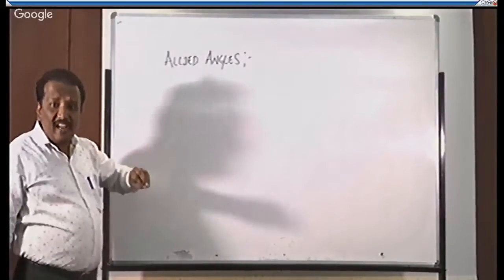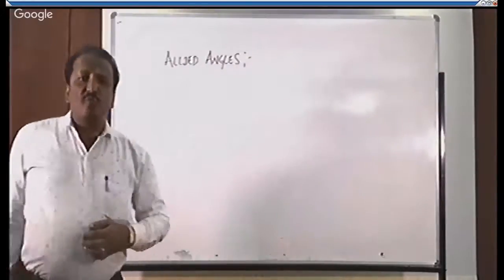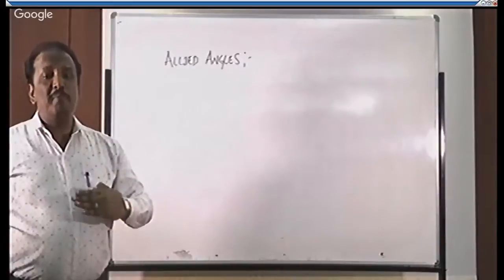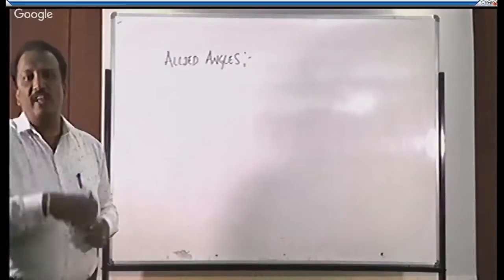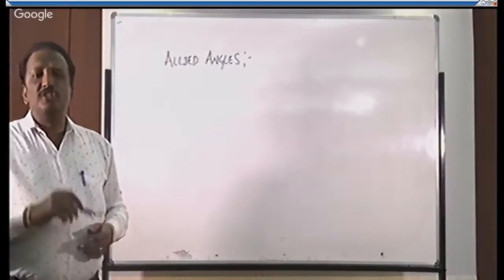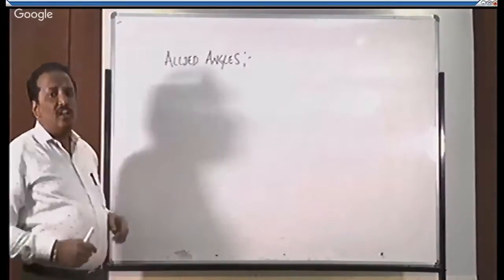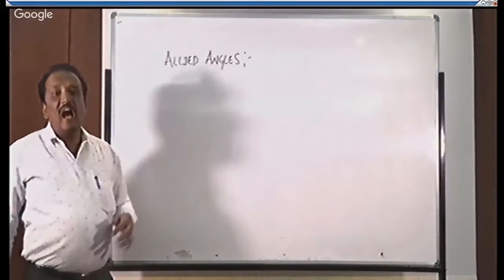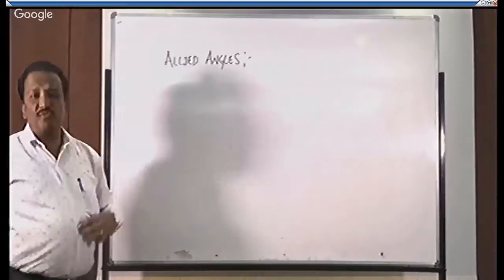So what is related for the angle? In our previous class we came to know that a revolving ray defines the minimum extent of 0 degree and the maximum extent of 360 degree. So any angle which is related to theta is referred to as an allied angle. That is the general definition with respect to literature for the allied angle.